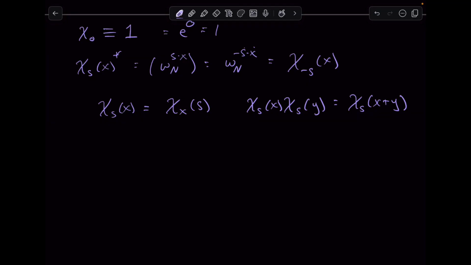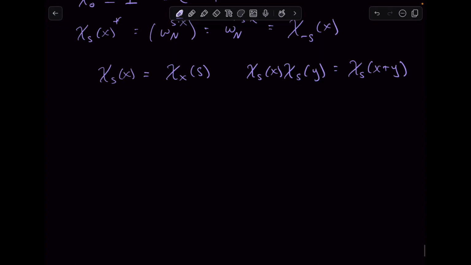That's pretty nice, and that's going to help us prove the next thing, which is that chi of 0, chi of 1, all the way to chi of n minus 1 are all orthonormal.